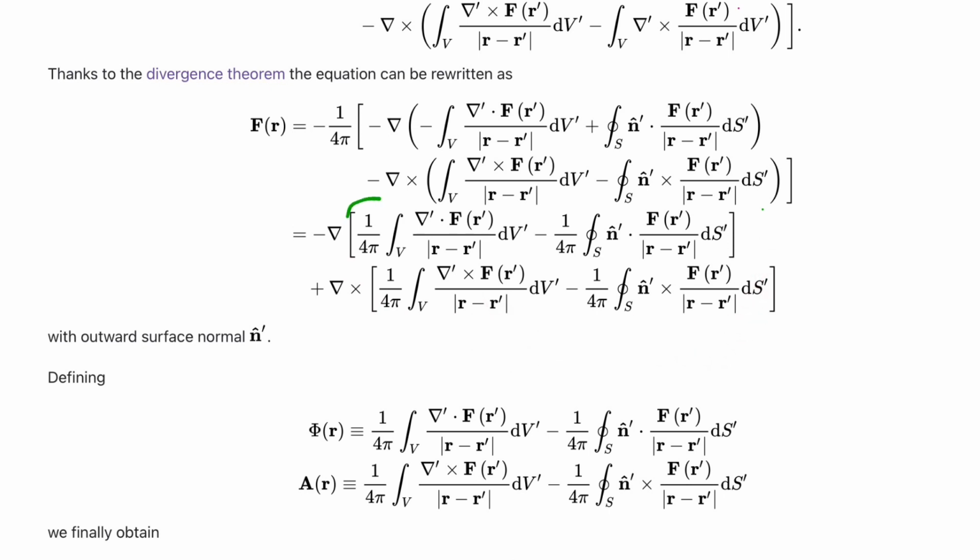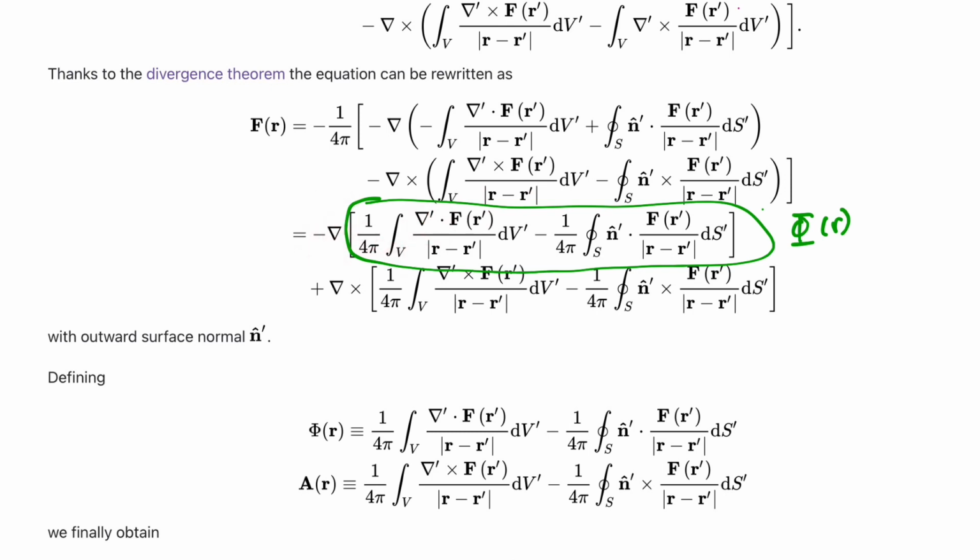And this something here, they're going to just call it phi, right? And notice it is a real valued function, right? Because you've got this dot product killing the vector piece, and you've got this divergence killing the vector piece. And so this piece here is a scalar function, and the gradient of a scalar function is a vector.